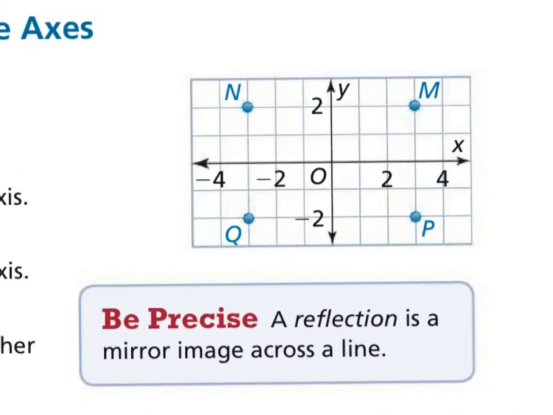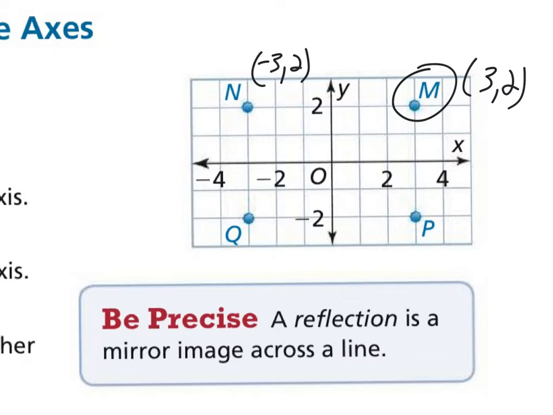So they're asking how they're related to point M. So I'm going to circle point M. And going from M to N, you can see they're at the same height as each other, so basically their y value is the same. But their x value is different.